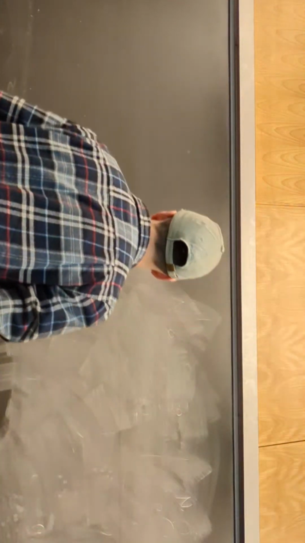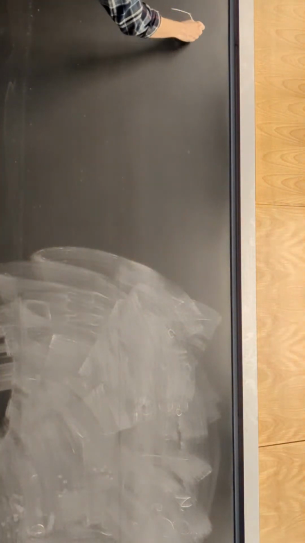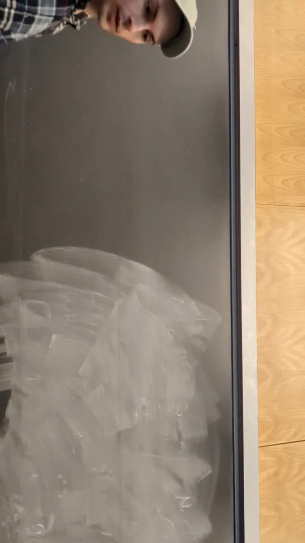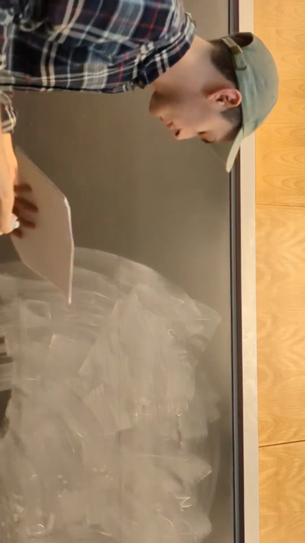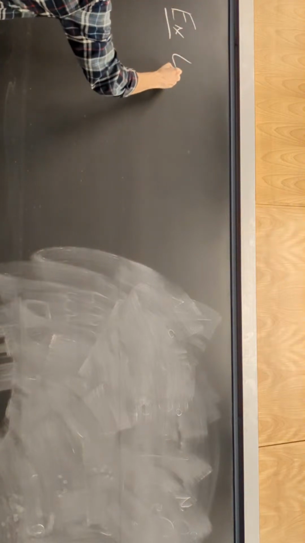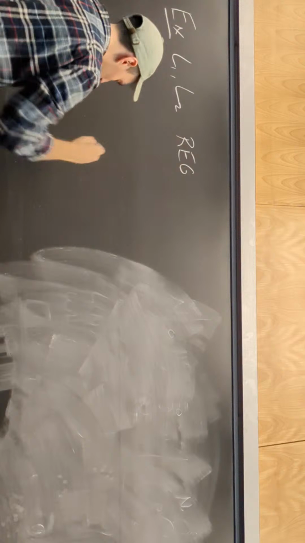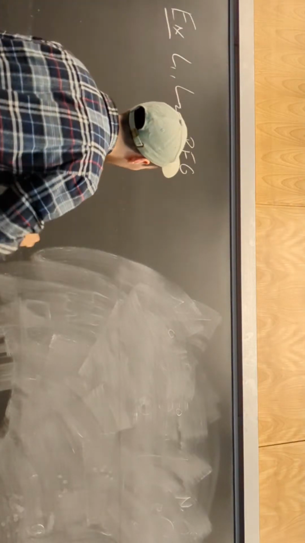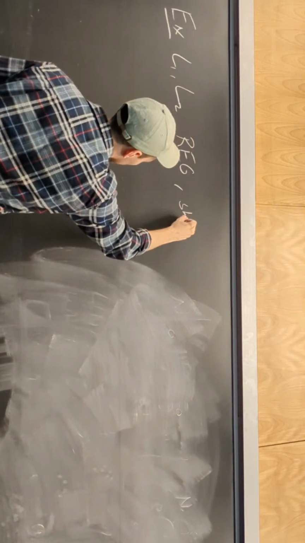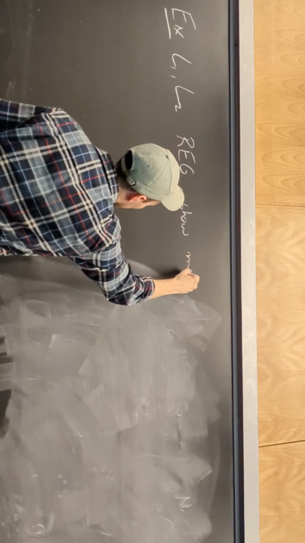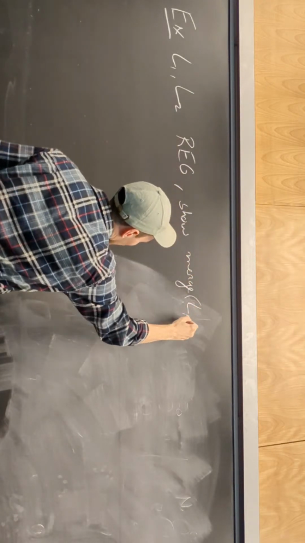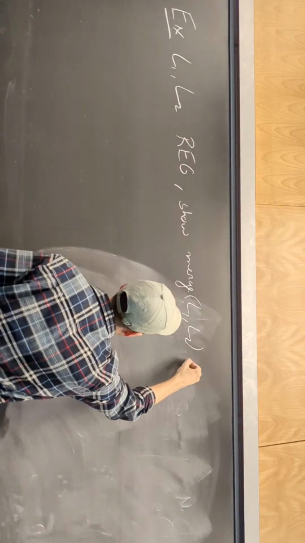Okay, so let's do another example. This other example is going to be, again, about two languages. So suppose I have two languages that are both regular, and I want to show that merge L1, L2 is regular.